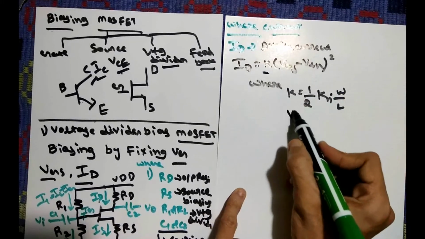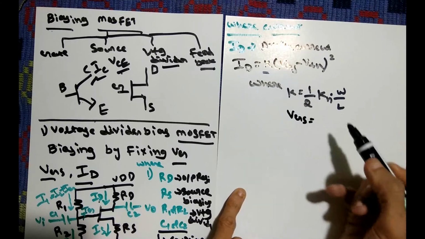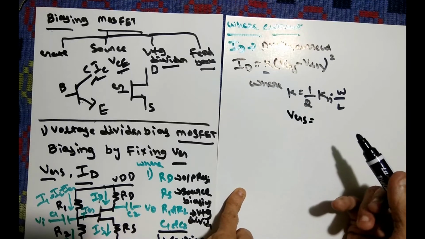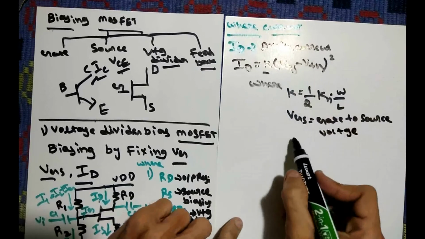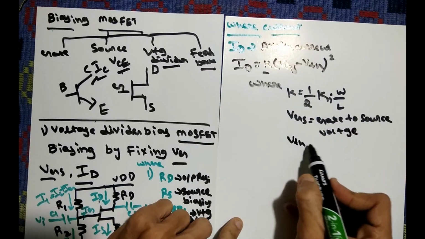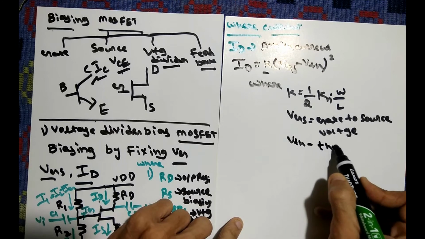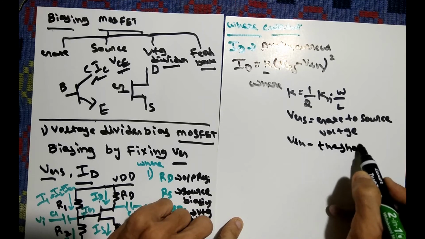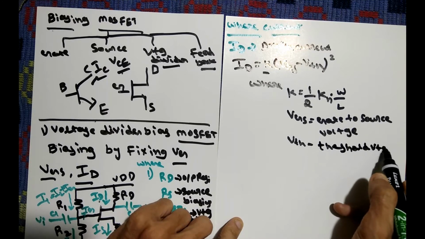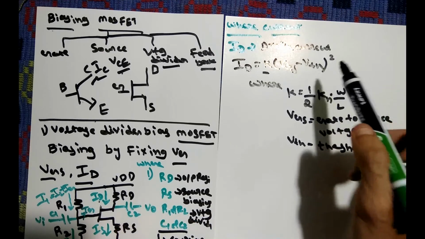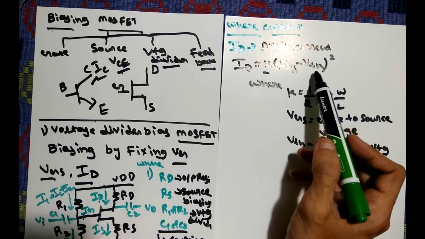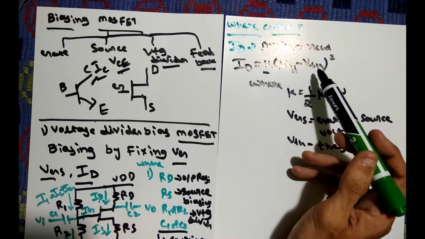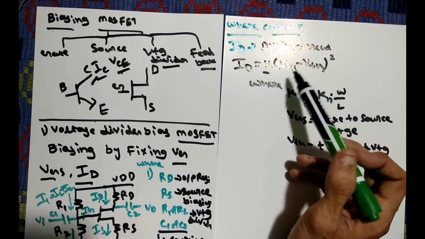Similarly, VGS is the gate to source voltage. And we have VTH, which we call the threshold voltage. What does threshold voltage mean? It is the voltage at which the MOSFET turns on. Below VTH, the MOSFET is not turned on, and after VTH, the MOSFET is turned on.